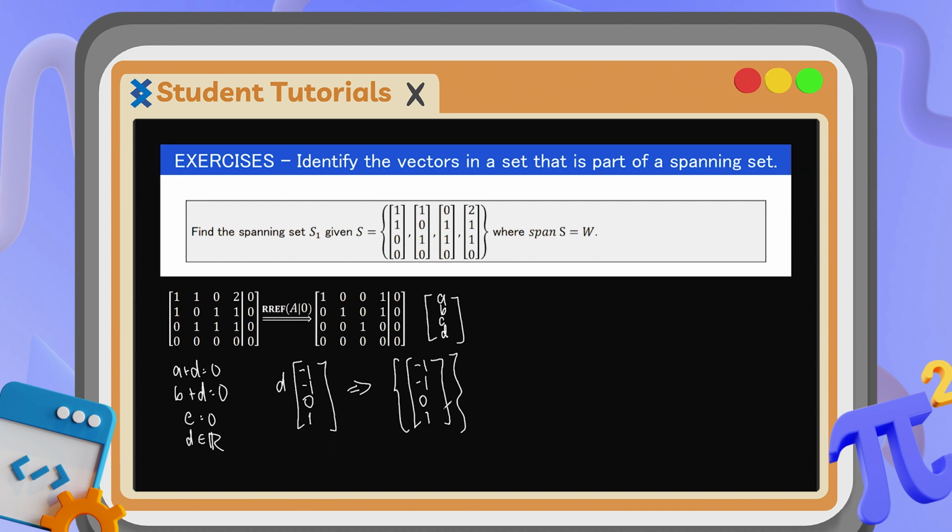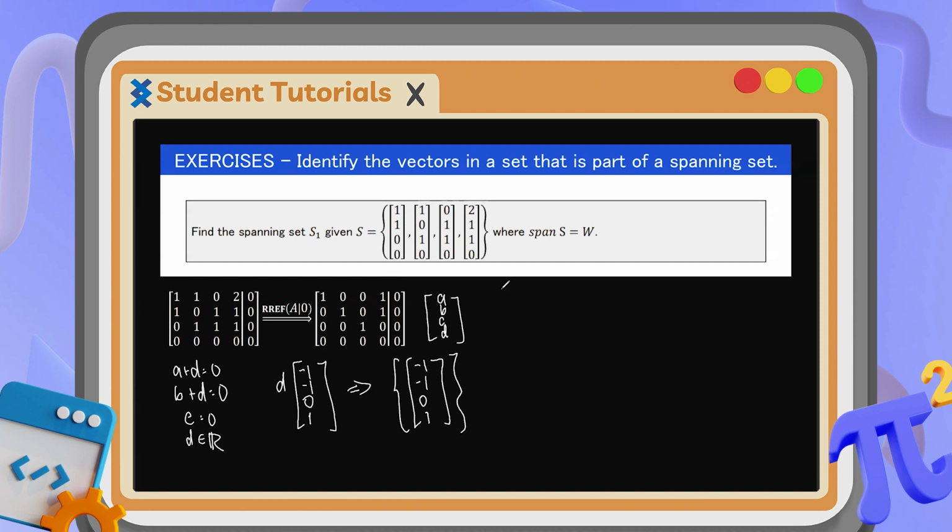But that's not actually what we're looking for. We're looking for the spanning set S1, the set that spans some set W. So here, we have to observe that we have to remove some vector in particular in the given set to make it linearly independent. As you can see, vector number 4 is what's making it linearly dependent.